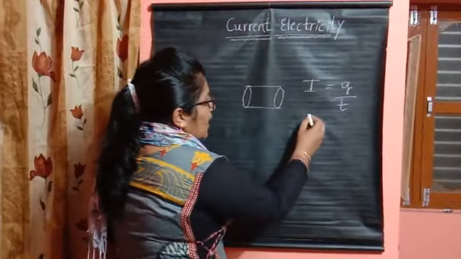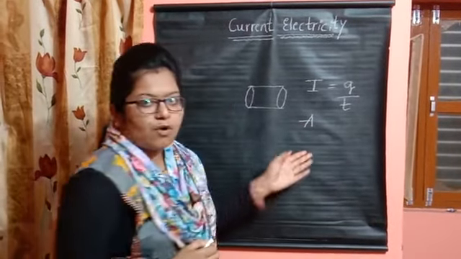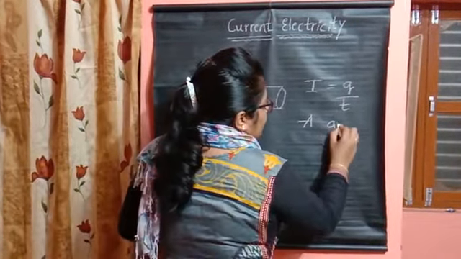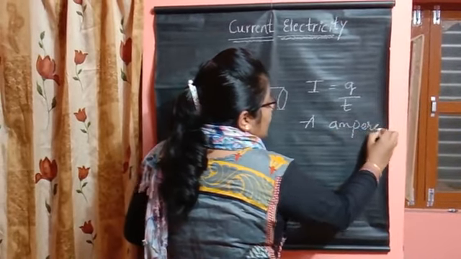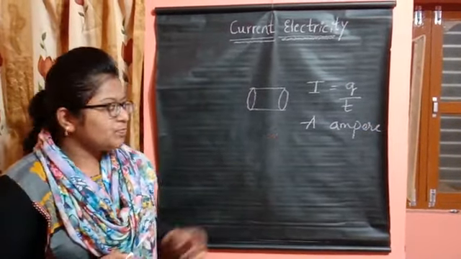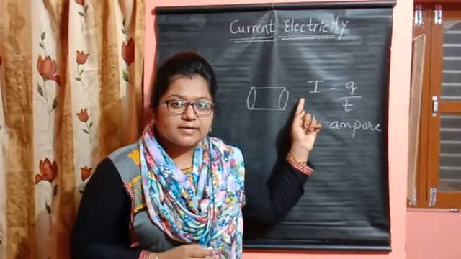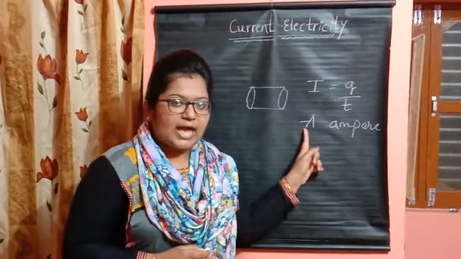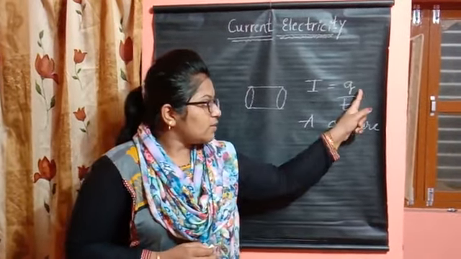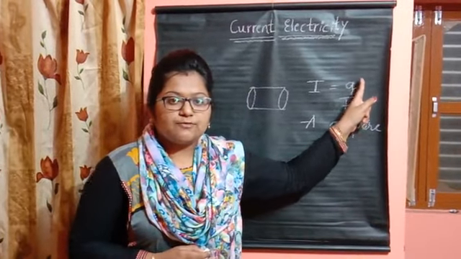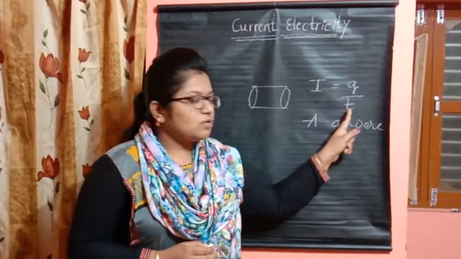We also gave the SI unit for electric current, that is ampere. We defined ampere as follows: a current in a conductor is said to be 1 ampere when 1 coulomb of electric charge flows through it in 1 second.